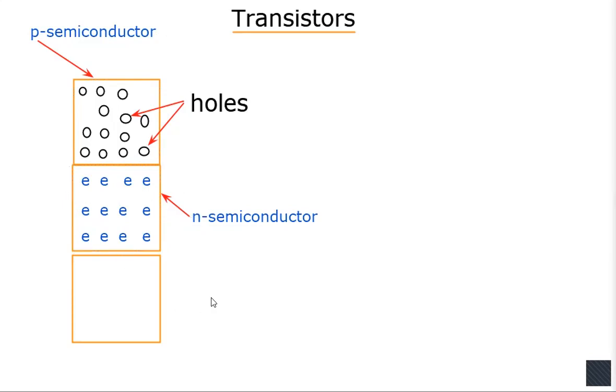Let me help you. How many holes are there in the P semiconductor? Count and tell me, dear. 13, sir. So the number of electrons depends on the number of arsenic atoms that you added.